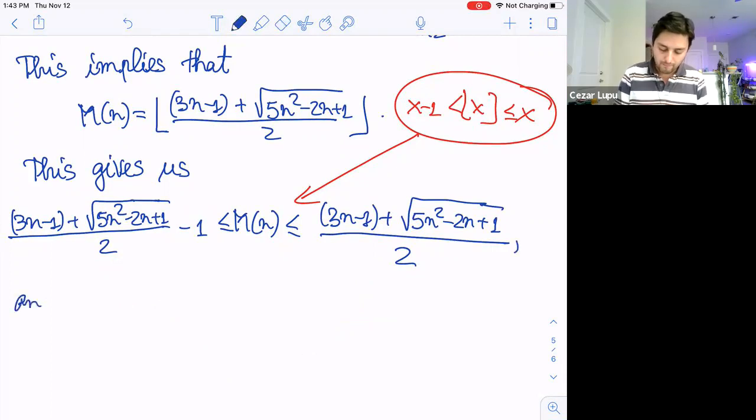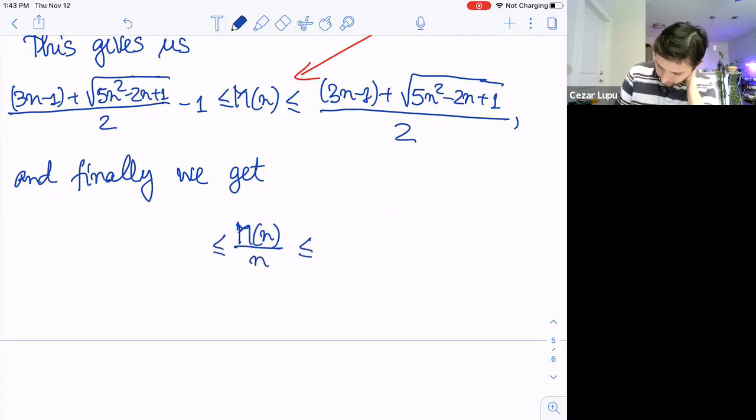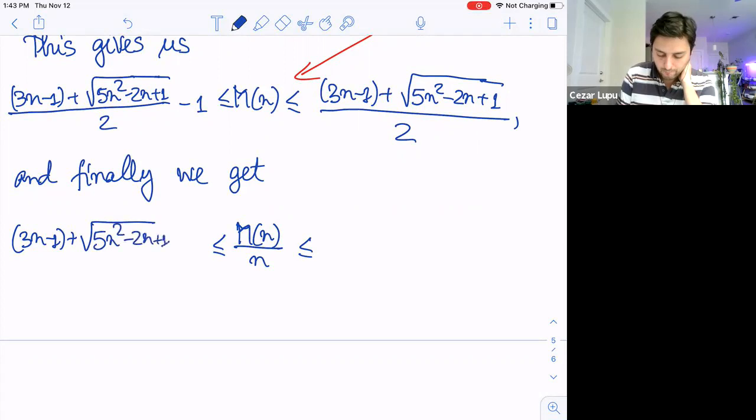And finally, now let's divide by n. m of n over n will be less or equal, and greater or equal than, 3n minus 1 plus the square root of 5n squared minus 2n plus 1, over 2n, minus 1 over n.